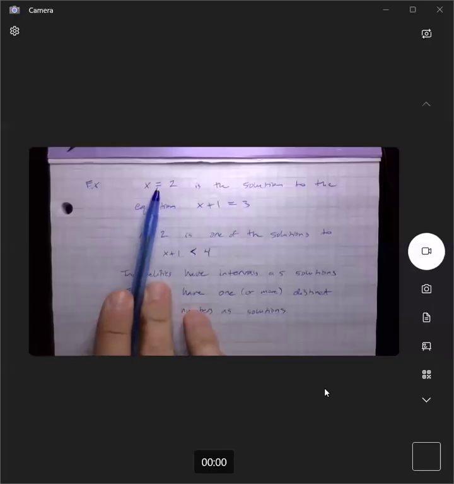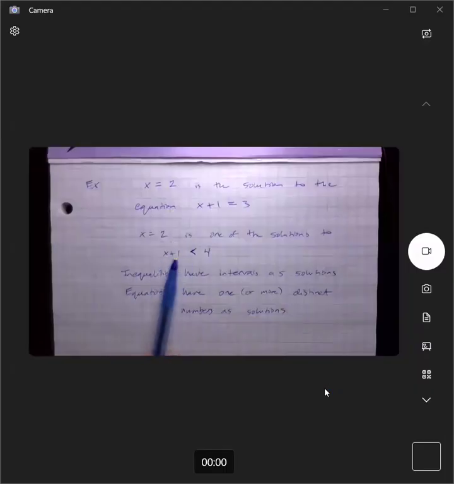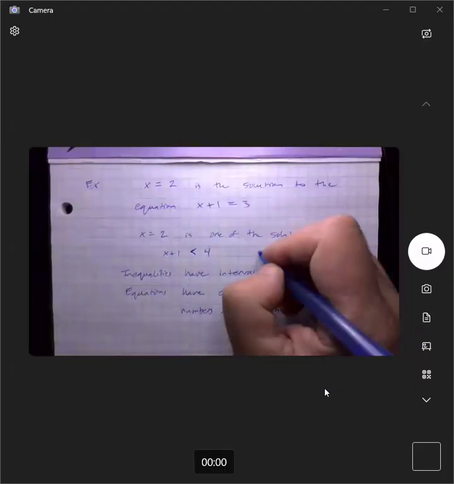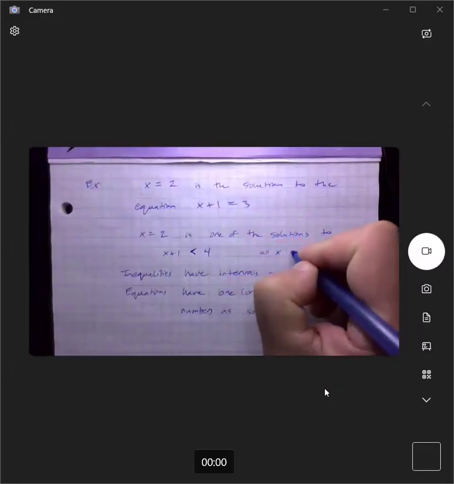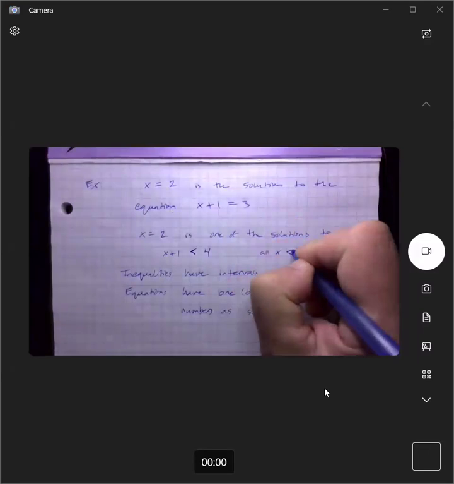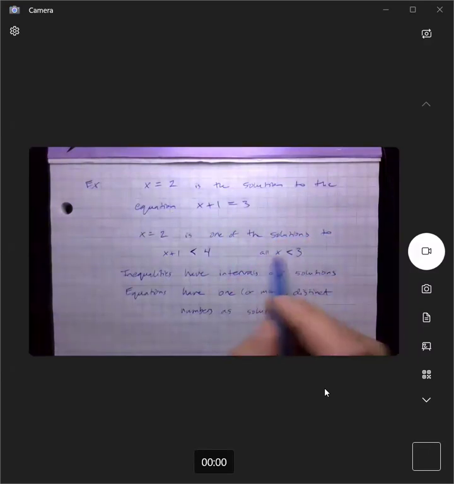In our first example, x equals 2 is the only solution, whereas the solution to x plus 1 is less than 4 is actually all x less than 3, right? So it's actually an interval that solves this.